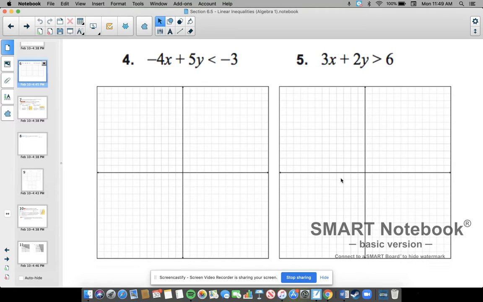What you'll notice is the rules are the exact same as with special case equations. So, for example, we start by looking and saying, okay, is this a solid or a dashed line? Well, there's no underline, so this is going to be a dashed line.